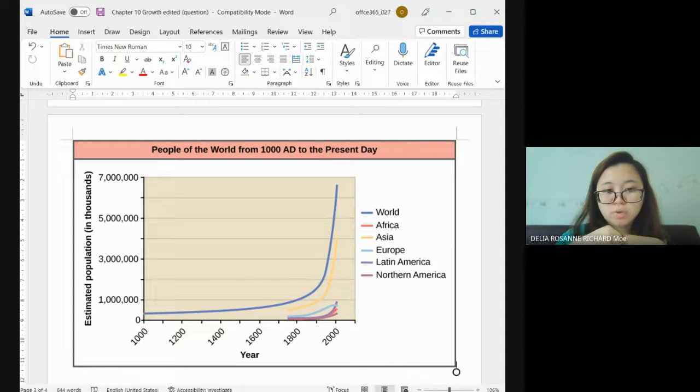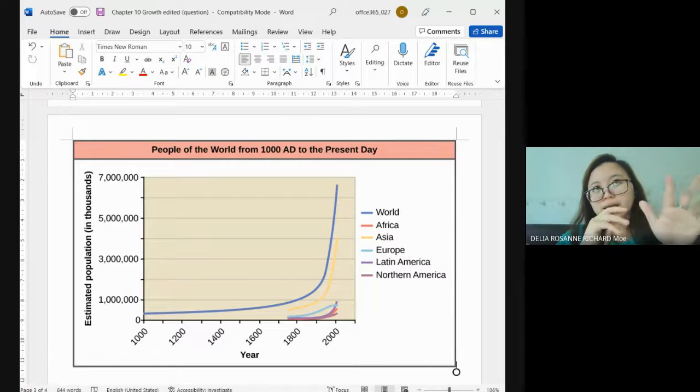One of the reasons why we are still in an exponential phase is because we are also throwing all that waste to somewhere else that is not in our population. So kita memudaratkan alam sekitar. Kita guna apa yang alam sekitar berikan, tapi kita tidak jaga. So that's why we are able to get everything for ourselves.